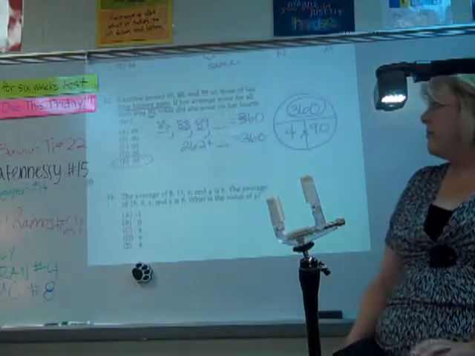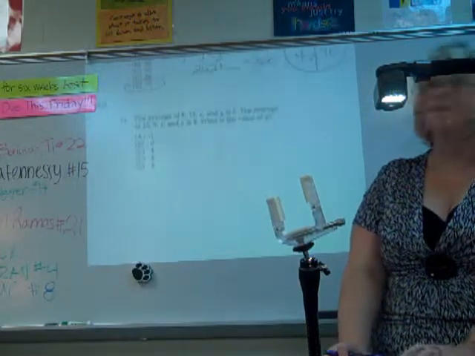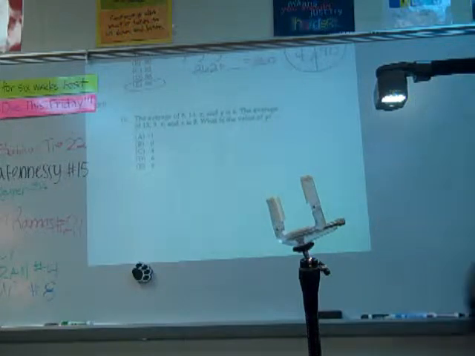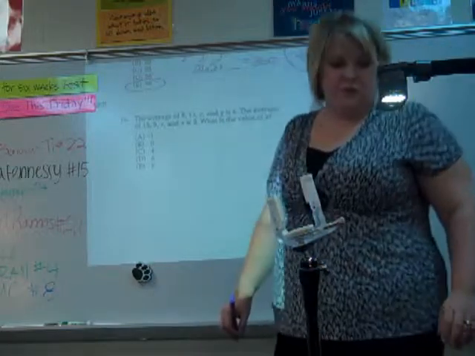Okay. Number 14 is hard for a couple of reasons. The first reason is it takes 2 total number average circles to work this out, because we were talking about 2 different averages, the averages of 2 groups of numbers.